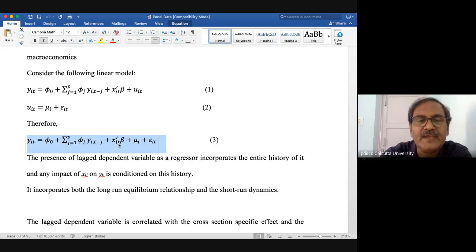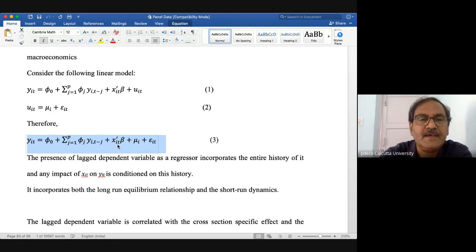Okay, so when you are using the lagged values of y, you are incorporating the entire history in determining y. So you are trying to explain y_it in terms of the past values of y_it, along with other explanatory variables included in x.